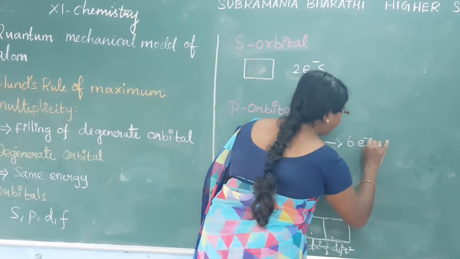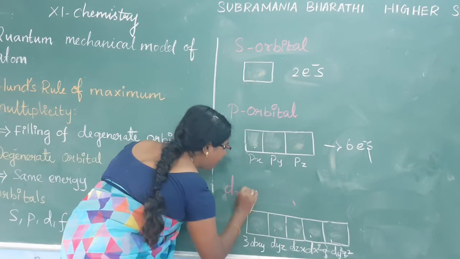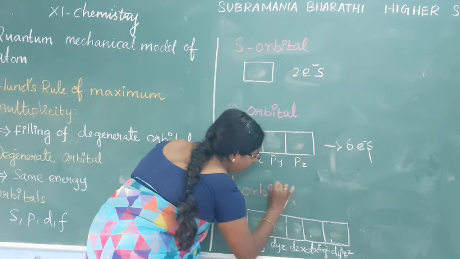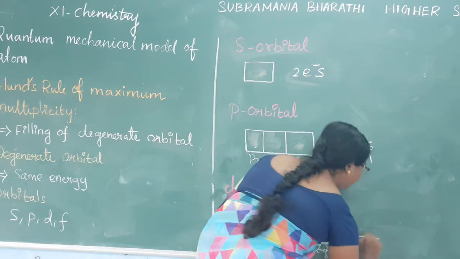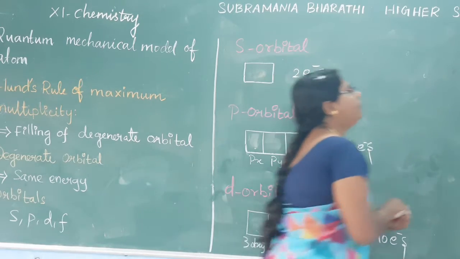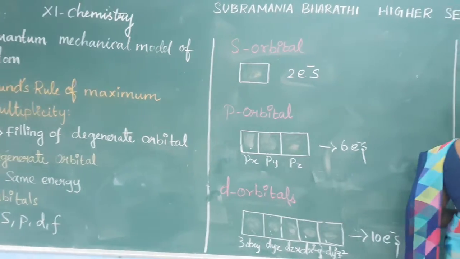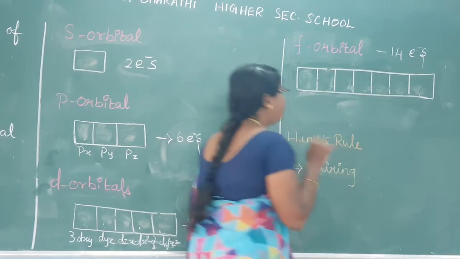In D orbital? 10 electrons can be accommodated. In F orbital, 14 electrons can be accommodated.